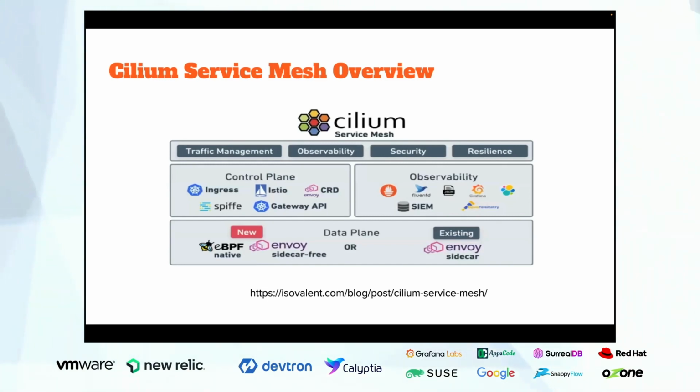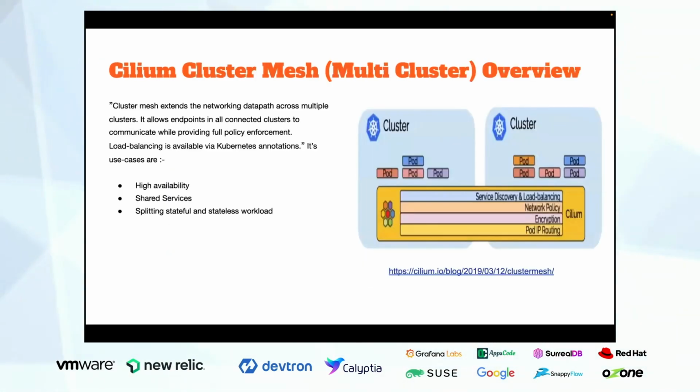That is very expensive compared to eBPF and deploying Envoy on a single node, correct? So if you have 5 nodes, we deploy 5 Envoys, one on each node. That is how the service mesh is evolving in the Cilium ecosystem as well. This is how Cilium is using eBPF technology to achieve all of these things.